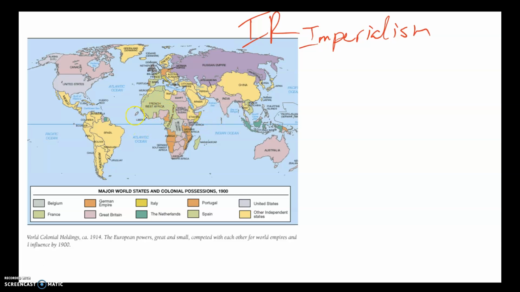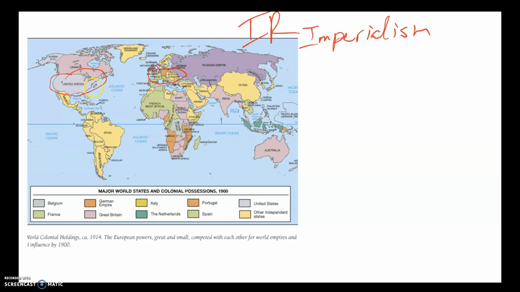As we look at this map, European countries, here's Europe, and the United States as well, are going to be looking at ways to gain access to raw materials.